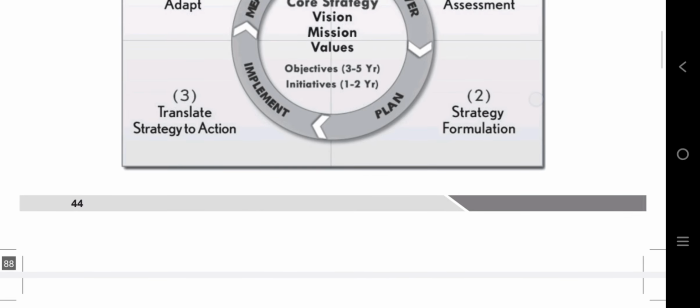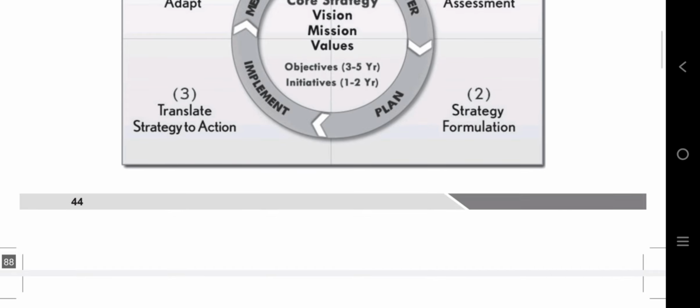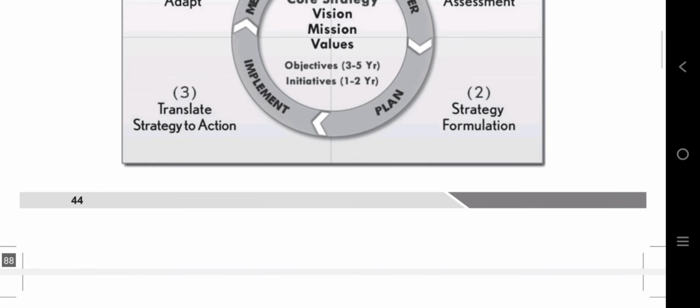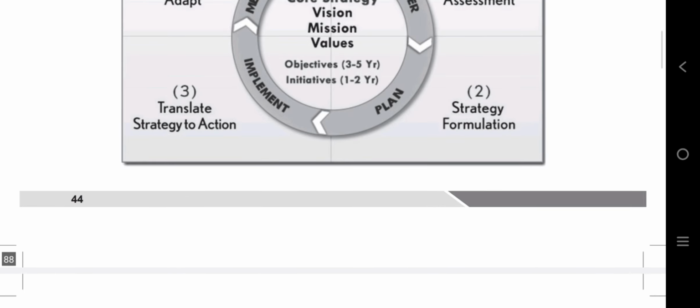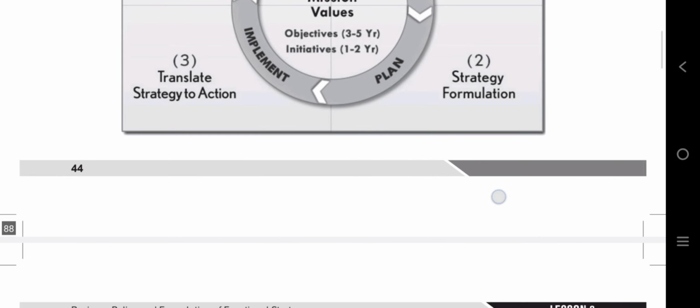So the first one is a foundation, then to motivate, to keep the company's efforts focused, and to help the company differentiate from other competitors.